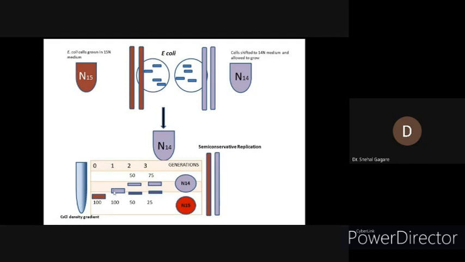After the first round of replication, if it is the semi-conservative mode of replication, one strand will be from the parental strand and one will be the newly synthesized strand. So it will show an intermediate density.